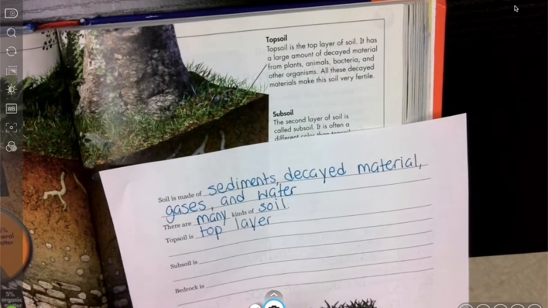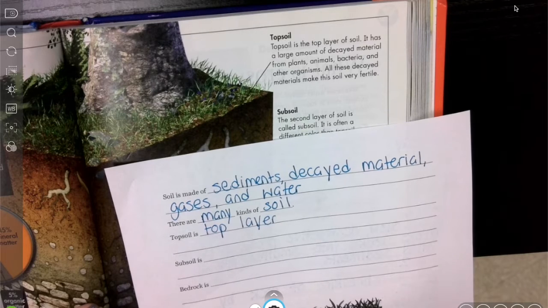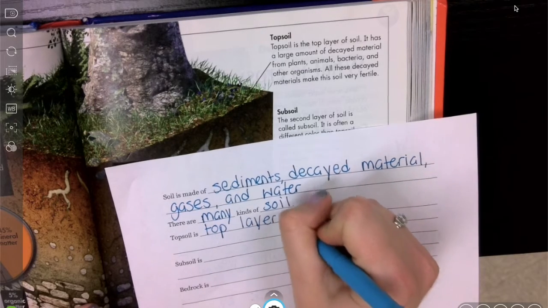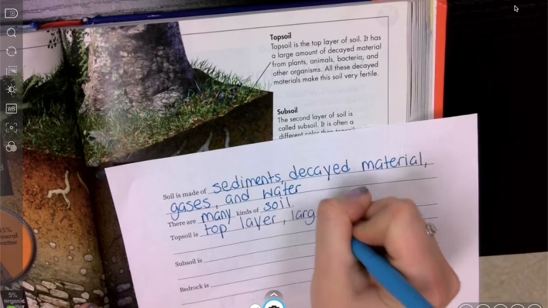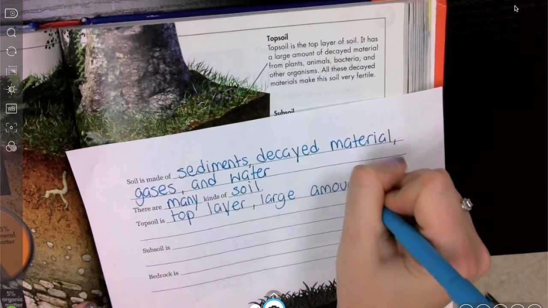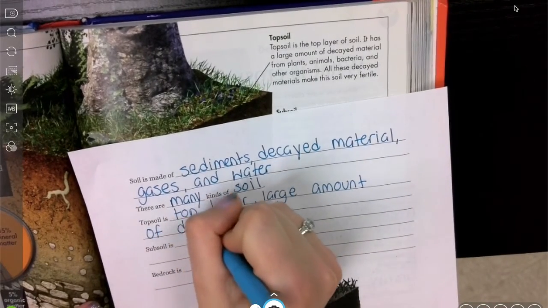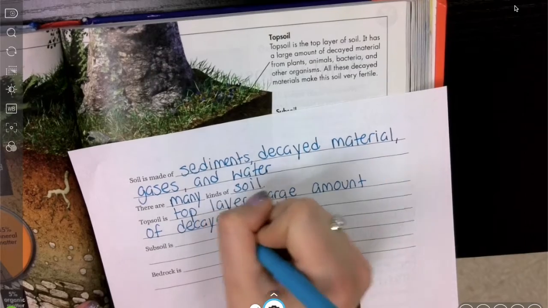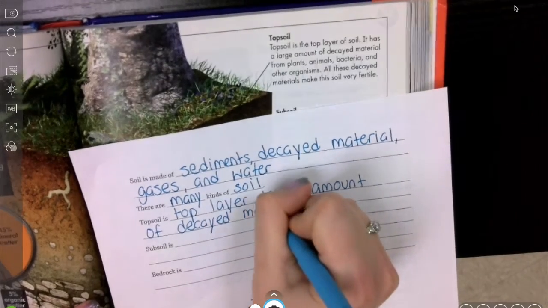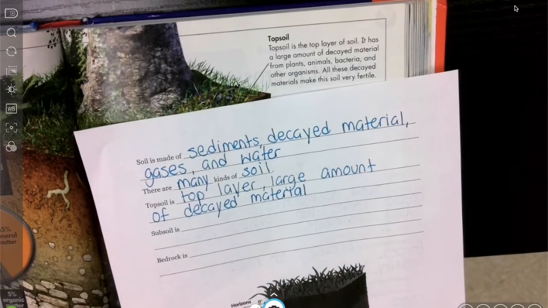It also has a large amount of decayed material. So most of the time, if you're in the ground or in the soil, you're just seeing the topsoil.